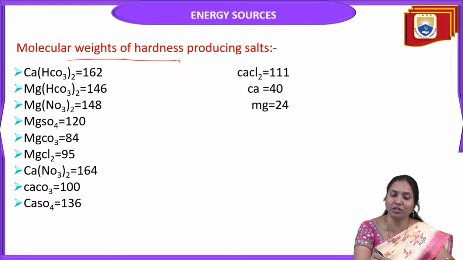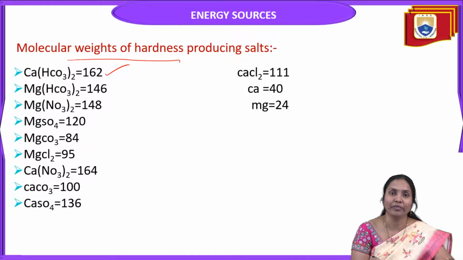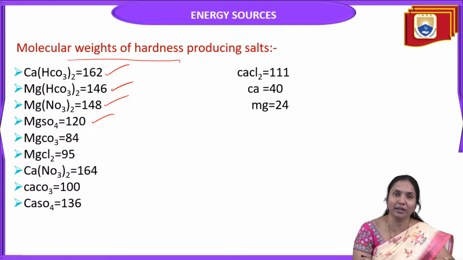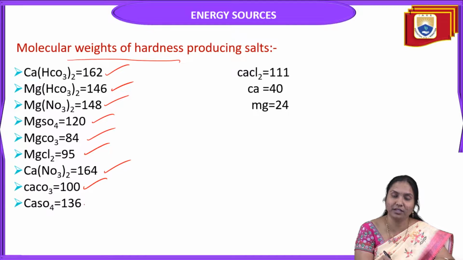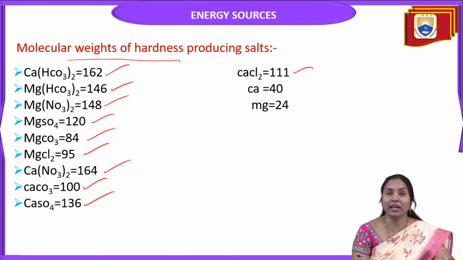Calcium bicarbonate is 162, magnesium bicarbonate 146, magnesium nitrate 148, magnesium sulfate 120, magnesium carbonate 84, magnesium chloride 95, calcium nitrate 164, calcium carbonate 100, calcium sulfate 136, calcium chloride 111, calcium 40 and magnesium 24.